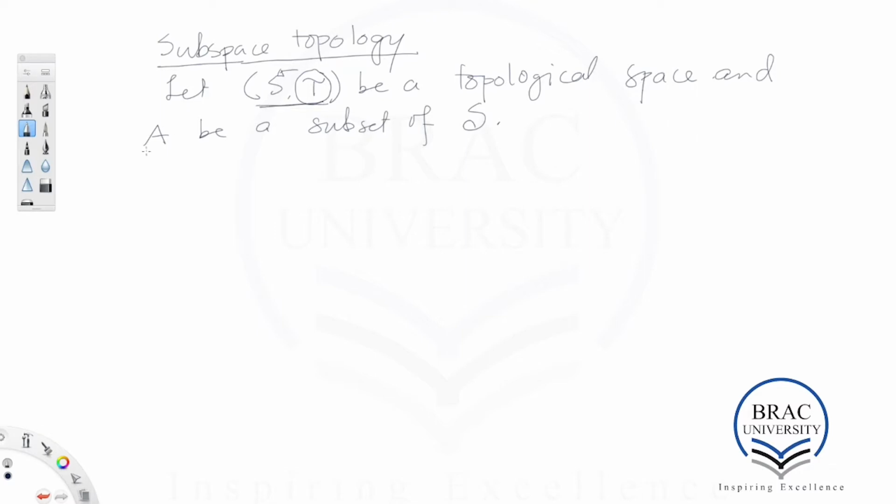And now we are given a subset A of S. So how can we define a topology on A? Let's see how we do that.